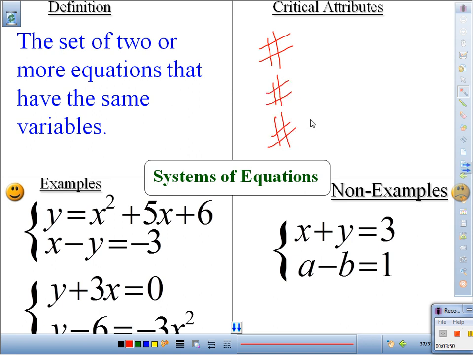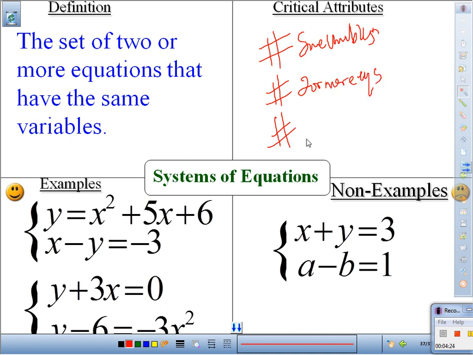Hashtag. All right, let's see. Lene. Hashtag what? Same variables. Thank you. Another one. Kenzie. 2 or more equations.